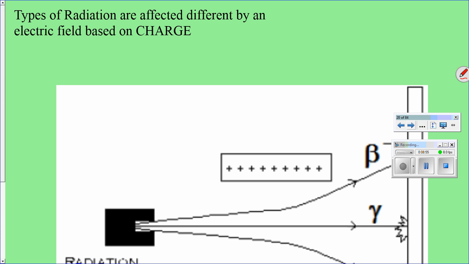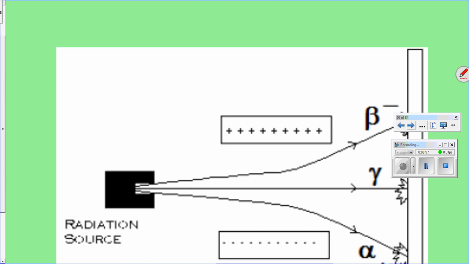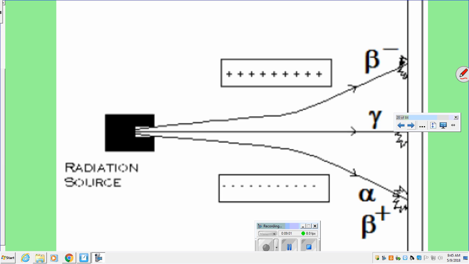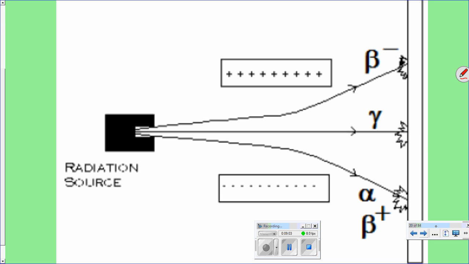You also need to be aware of how these different types of radiation will act in charged fields. So if we had a positively charged plate up here and a negatively charged plate down here, and all of these types of radiation would be spitting out, the beta particle is being pulled toward the positive plate because it has a charge of -1.